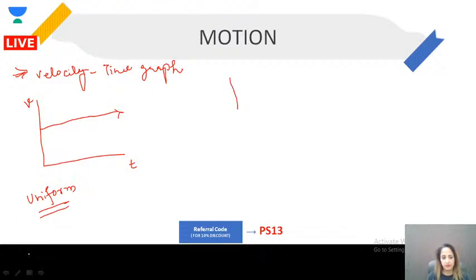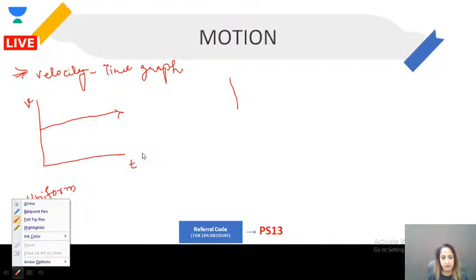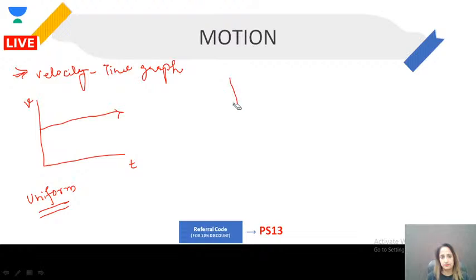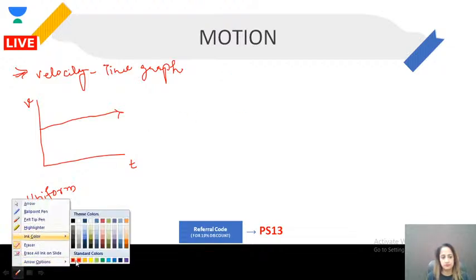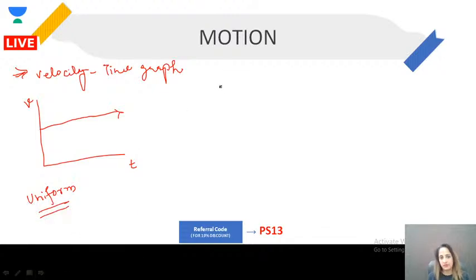But now let's say we have another object, but it is not moving with uniform velocity. Its velocity is changing. Let's say we have velocity on this axis and time on this axis, right?